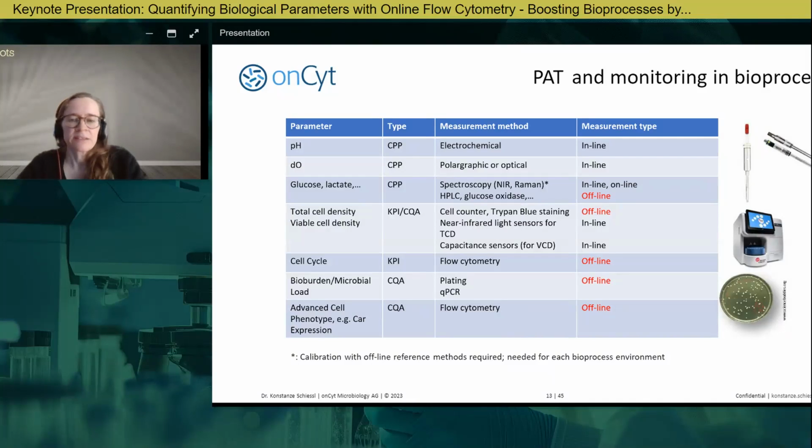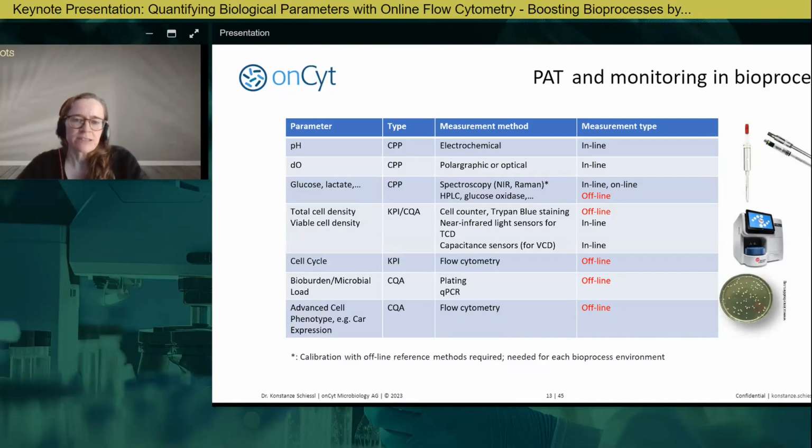And that can indeed also measure inline and online, but it always needs a calibration. So it requires a bit of tailoring to each of the bioprocesses that it's used with. And there are also a lot of offline methods for these metabolites, like HPLC, for example, but there you really need to go to the lab.